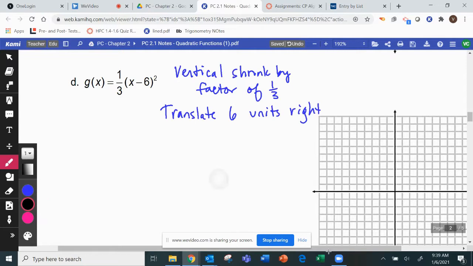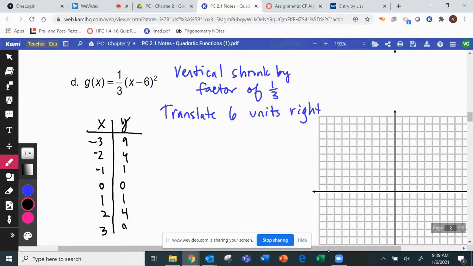Okay, I can make a table. And the vertical is multiplying by 1/3. And then my horizontal is adding 6.